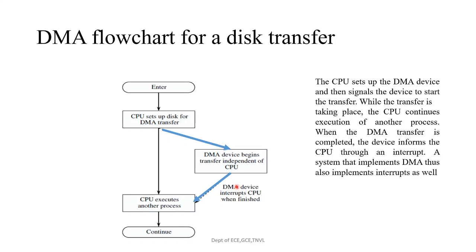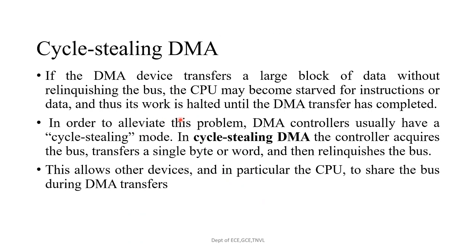The DMA device interrupts the CPU when finished. So now it has finished the job, and it interrupts while the CPU executes another process. Once the CPU is signaled, it continues to the other process. So likewise the process goes.